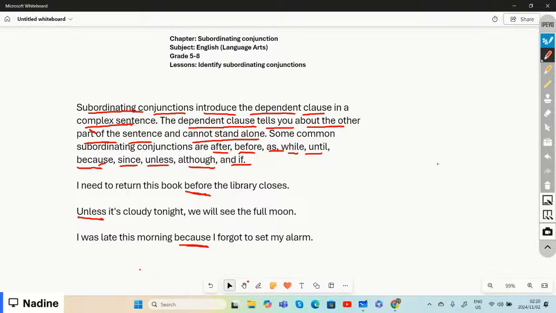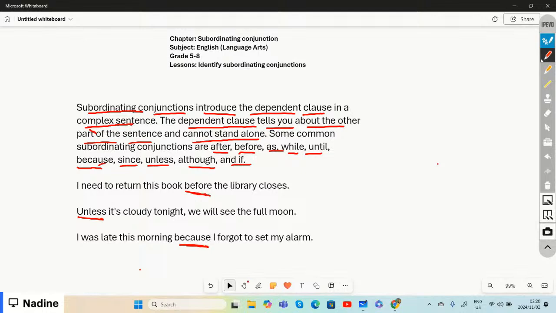That is coordinating conjunctions. And then we have this one, which is a subordinating conjunction. A subordinating conjunction is used to introduce a dependent clause within a complex sentence, right? So we should try to not, for example, get it wrong, by just assuming that subordinating is the same as coordinating conjunction.